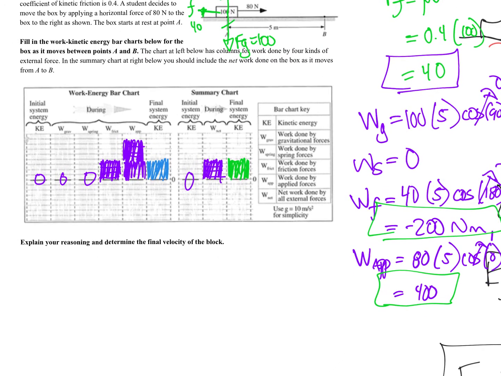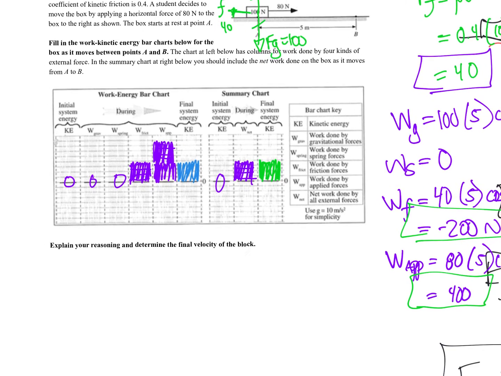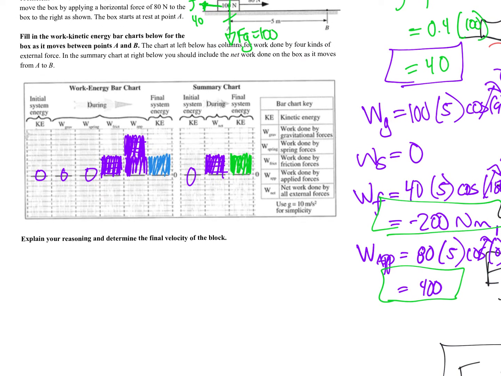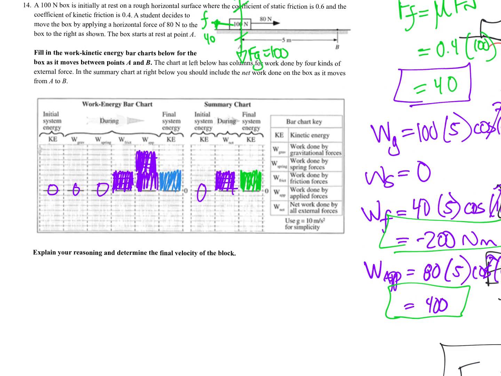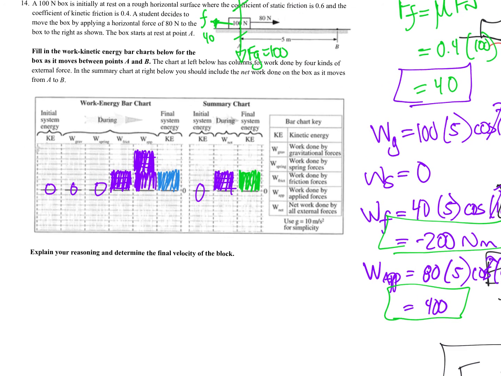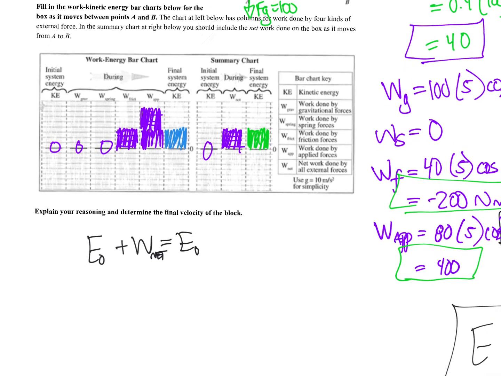Lastly, this says determine your reasoning or explain your reasoning, which we just went through, and then determine the final velocity of the block. So what we know is we know our energy initial plus the work done net equals our energy final.